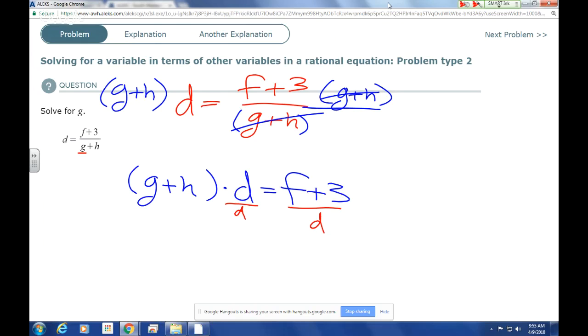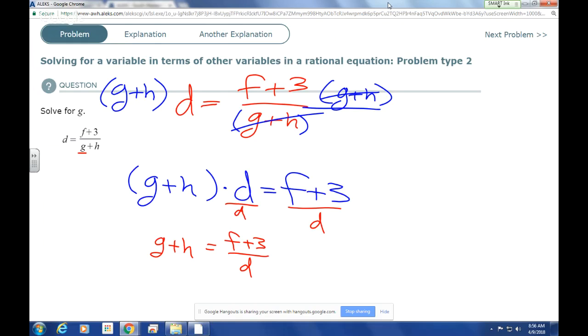Now notice that I divided this whole thing by D. So then I get G plus H equals F plus 3 divided by D. Okay. Notice what happened to my parentheses. Where'd they go? Why are they gone? What's outside of the parentheses? Nothing. If there's nothing outside the parentheses, you don't have to have the parentheses.